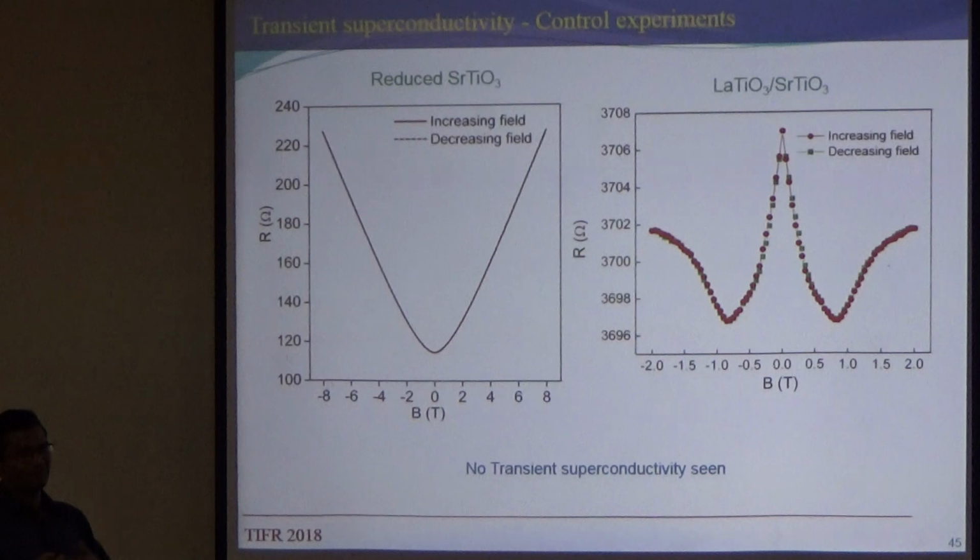The system we were working with till now was lanthanum aluminate, strontium titanate, which has signatures of ferromagnetism and superconductivity. Lanthanum titanate, strontium titanate, you can make the same heterostructure, you will get similar superconductivity, but there is no signature of ferromagnetism in this system. So, in this system I do not see any transient superconductivity. In both my control systems I do not see any transient superconductivity.